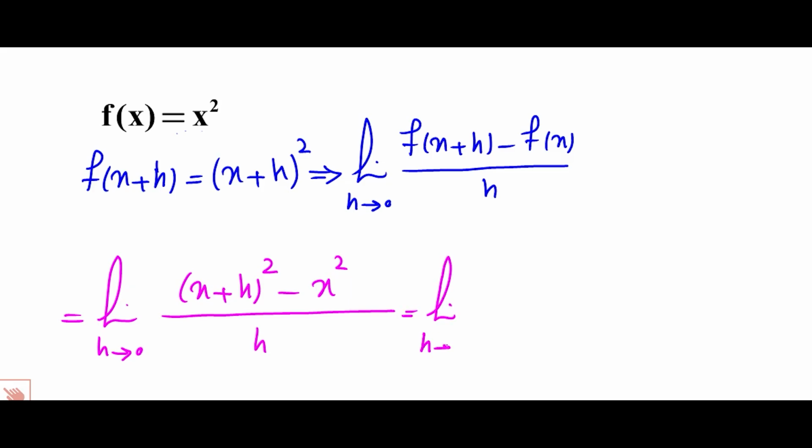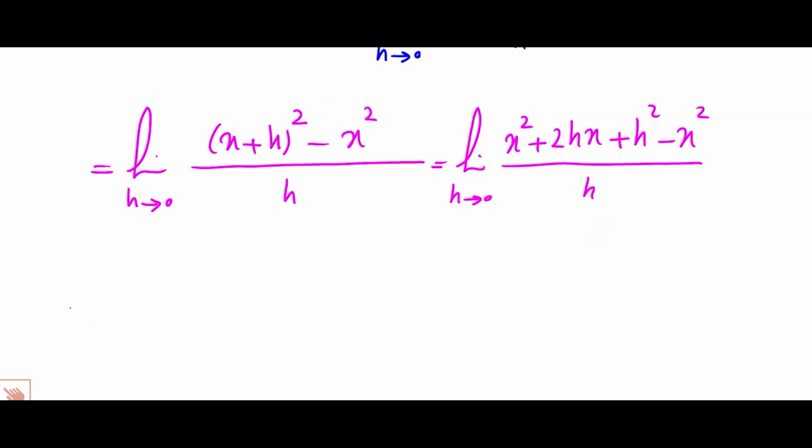So we have the limit as h approaches 0, x plus h whole squared is equal to x squared plus 2hx plus h squared, minus x squared, over h. Okay, so x squared minus x squared cancels, so we have the limit as h approaches 0.